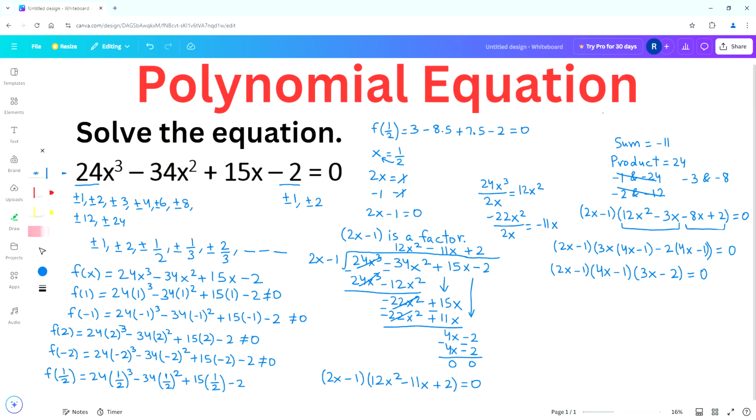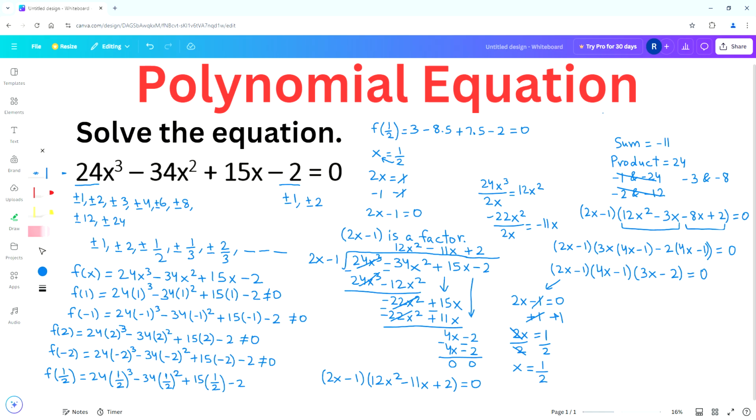Now we can find the solutions for this equation by setting each factor equal to 0 and solving for x. So let's start with the first factor. The first solution is x equals 1 over 2.